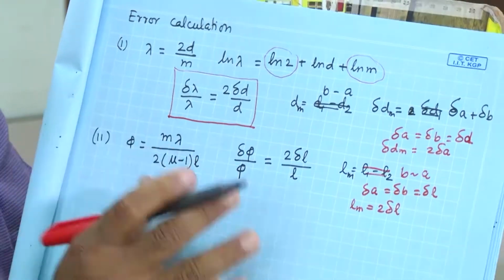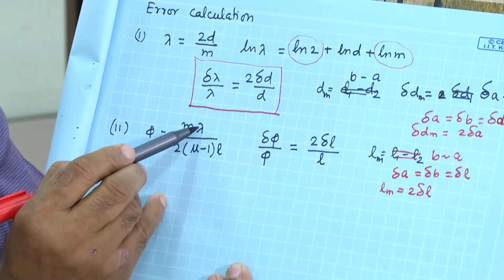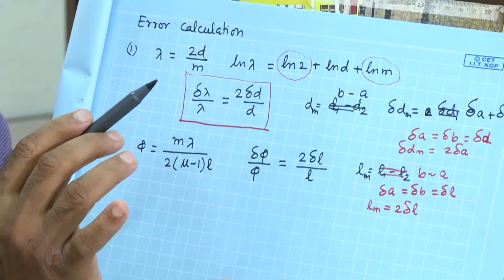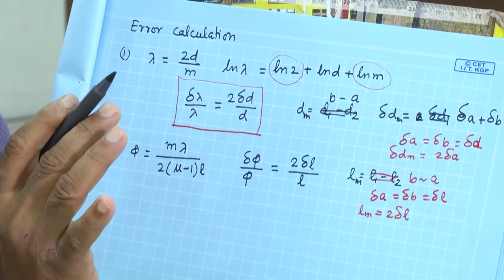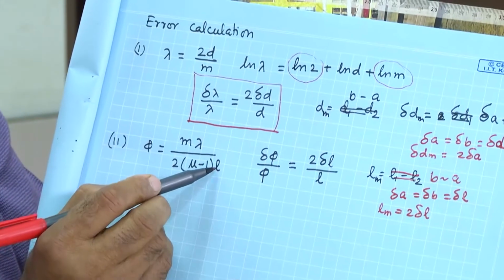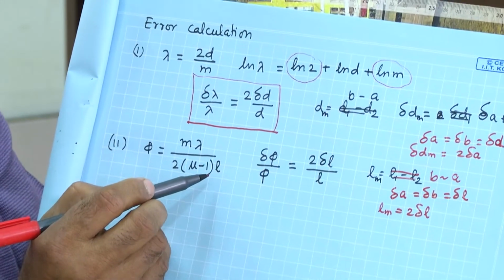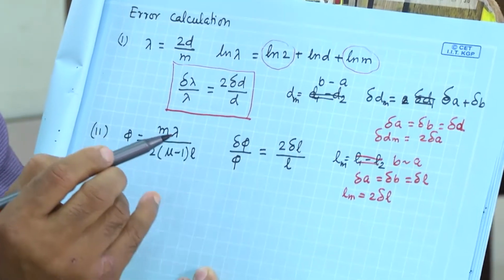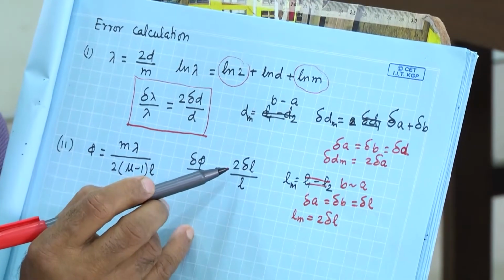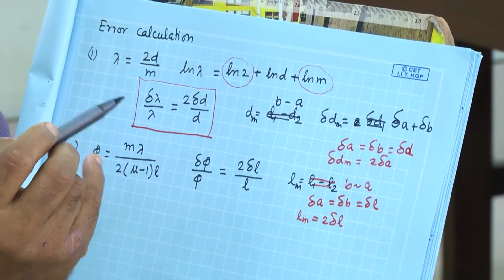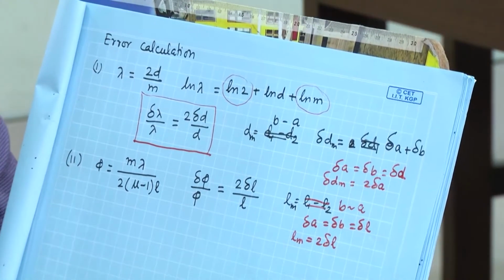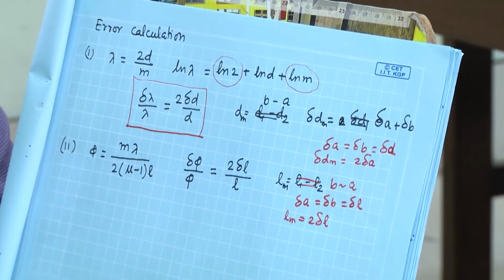Okay. Take log. Lambda is supplied, so there will not be error attached with it. Mu is supplied, there will not be error attached with it. M also you are counting, there will be no error attached with it. So, only it will be attached with L. So, delta phi by phi will be delta L by L. I have written 2 again because this L we are finding out from the difference of the initial position and final position, the difference of 2 readings.